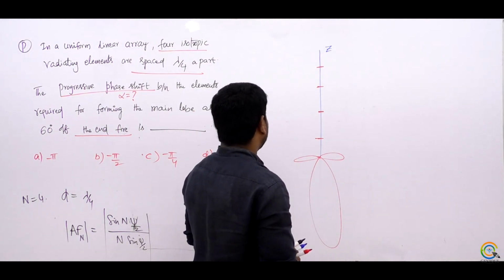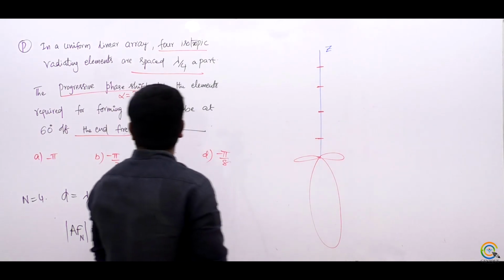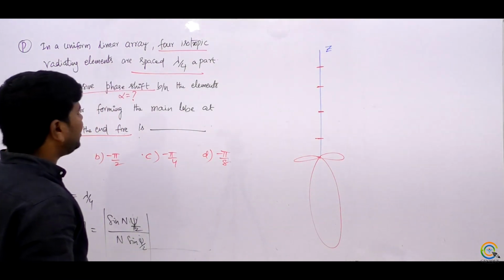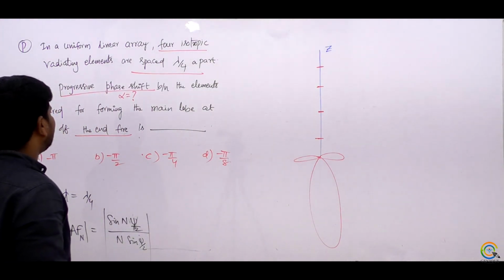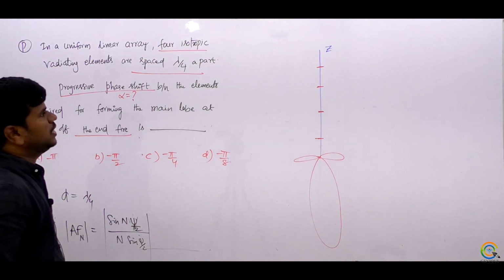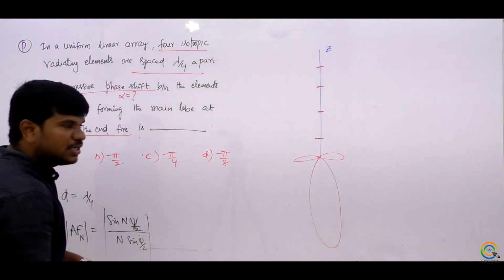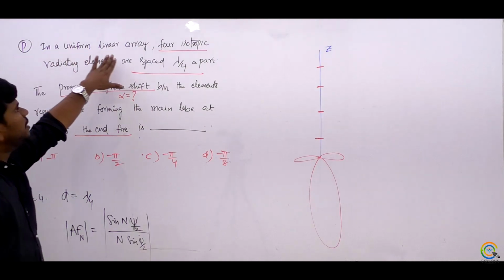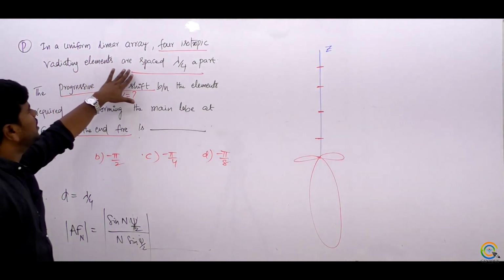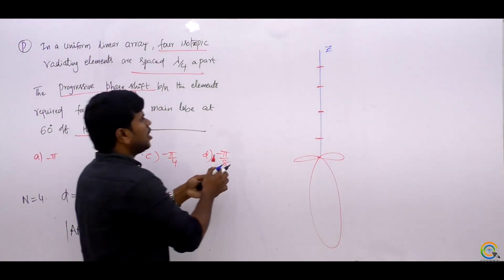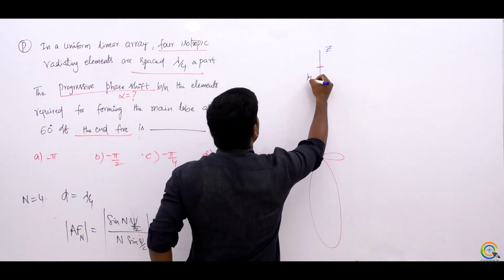Now observe this: what is theta given? Here it is given as 60 degrees of the end fire array. Observe this question: in the uniform linear array, 4 isotropic elements are spaced at lambda by 4.